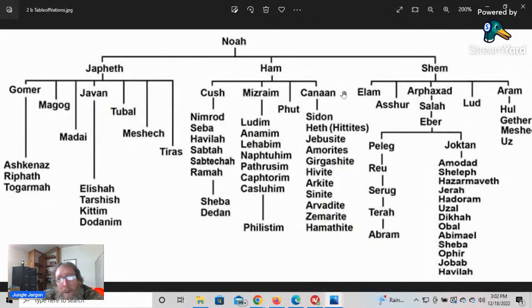And of course, Shem is the middle son. People used to think Shem was the oldest, but it turns out that Japheth seems to be the oldest if you do the math. And there might have been a translation problem putting Shem as the oldest, but Shem is the middle son, Japheth is the oldest, Ham definitely is the youngest son.